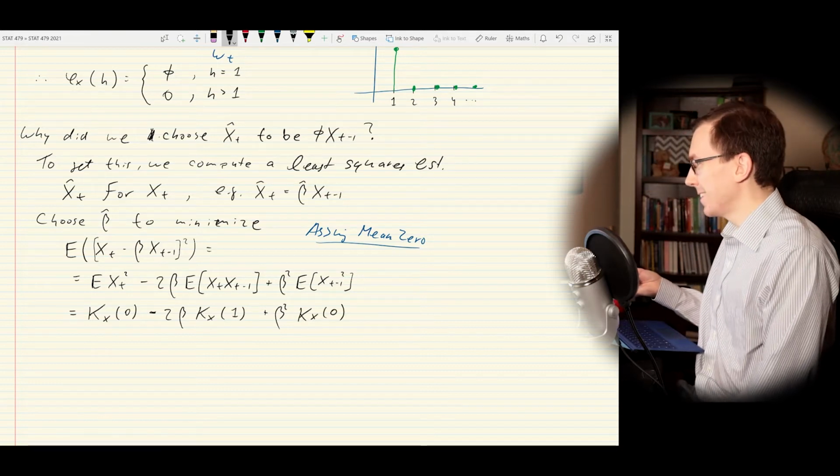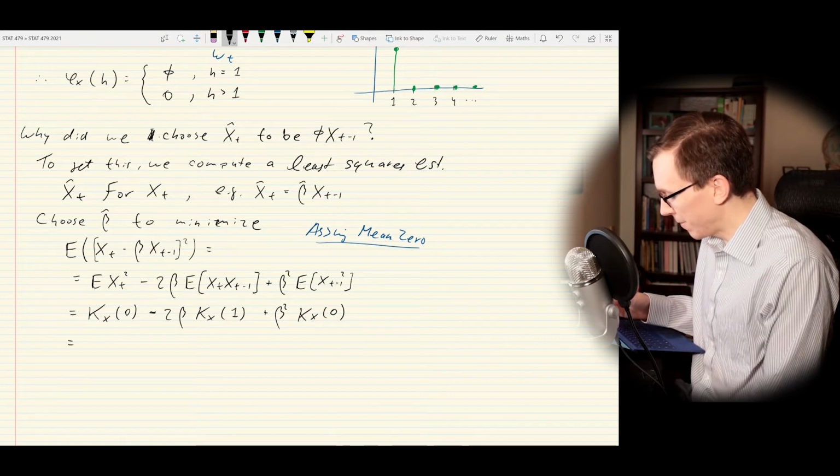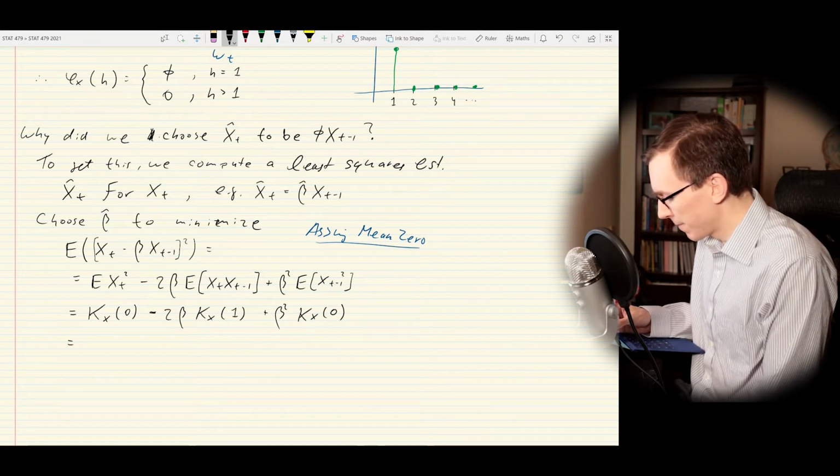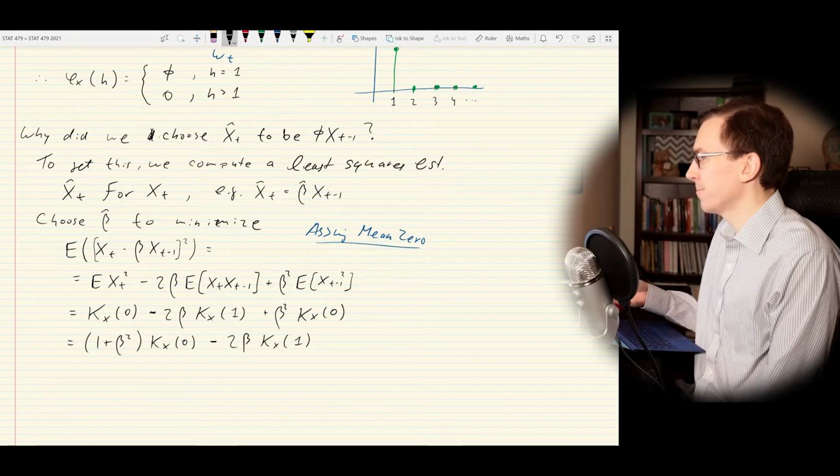So that's kind of neat, right? Because then we can combine these things and we find out that what we're trying to minimize is (1 plus beta squared) times k at 0 minus 2 times beta k evaluated at a lag of 1.